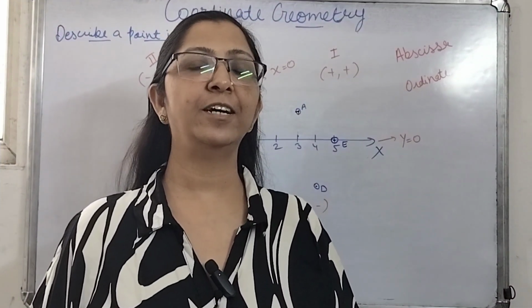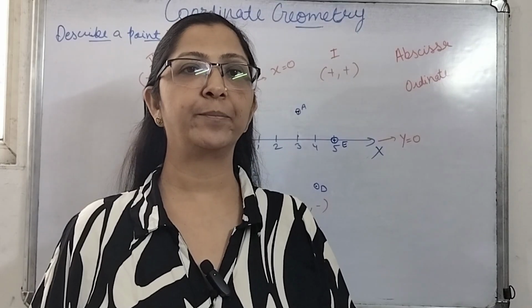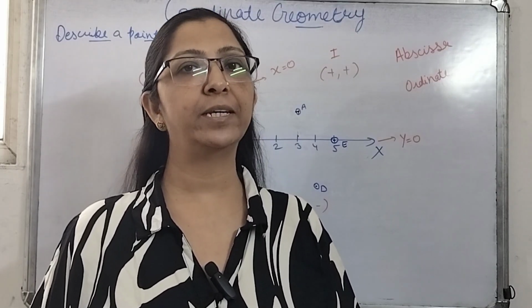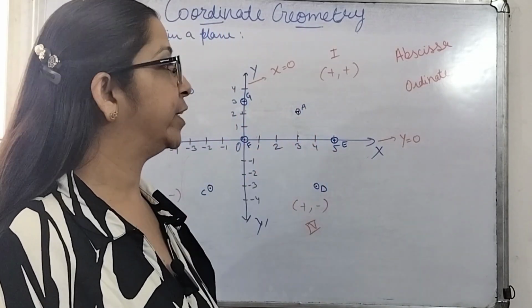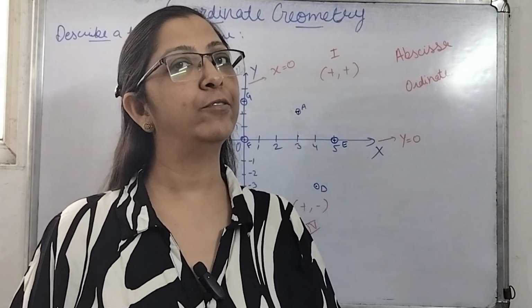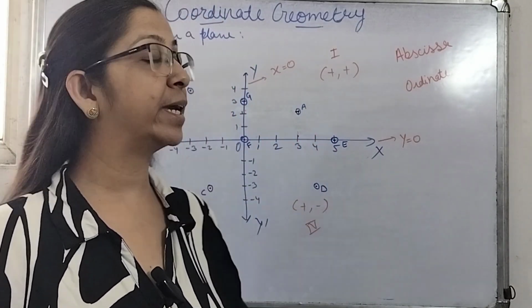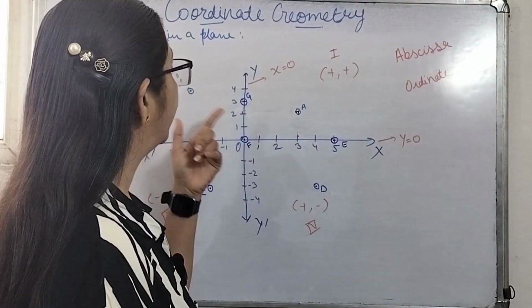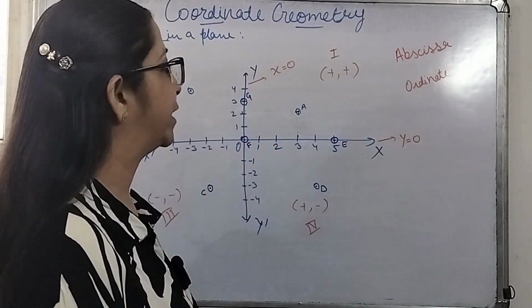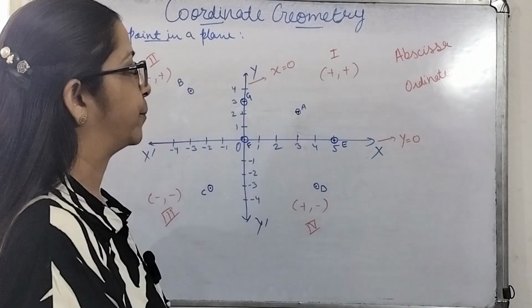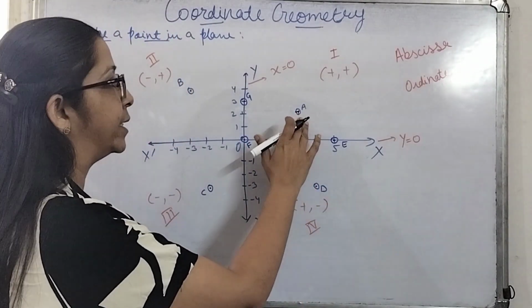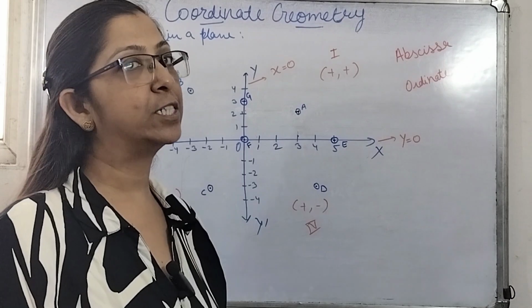Now let's understand how to describe a point in a plane. If a point is given in a plane, how can we describe it? We can describe any point using its x coordinate and y coordinate. Suppose I am talking about a point A. What will be its x coordinate and y coordinate?